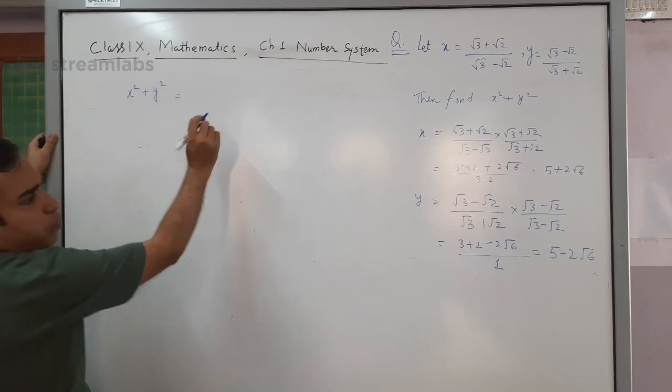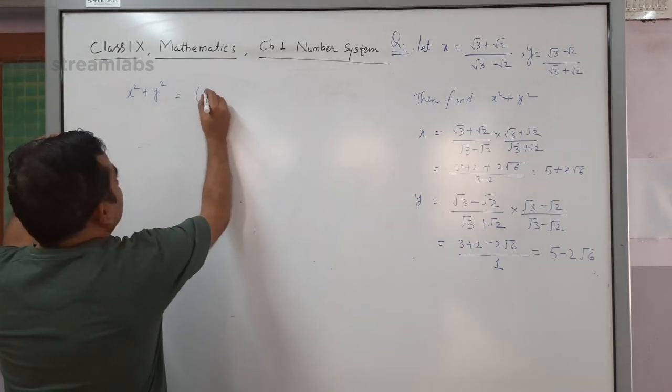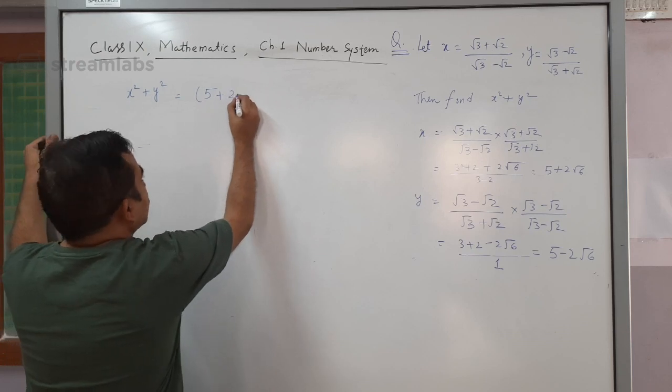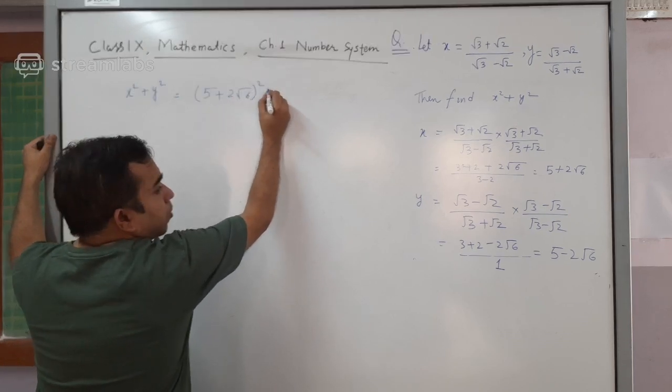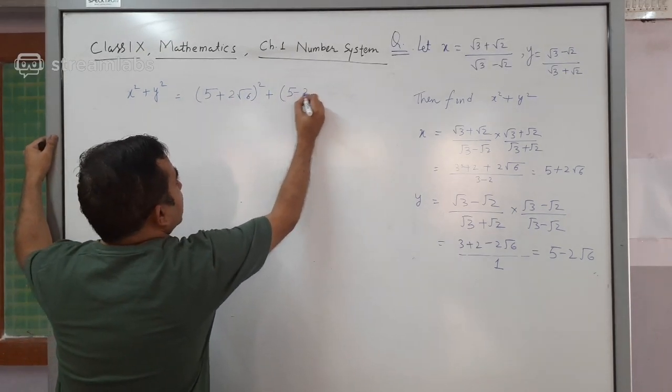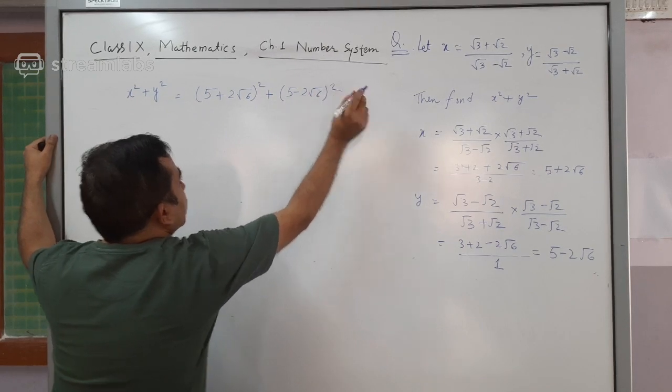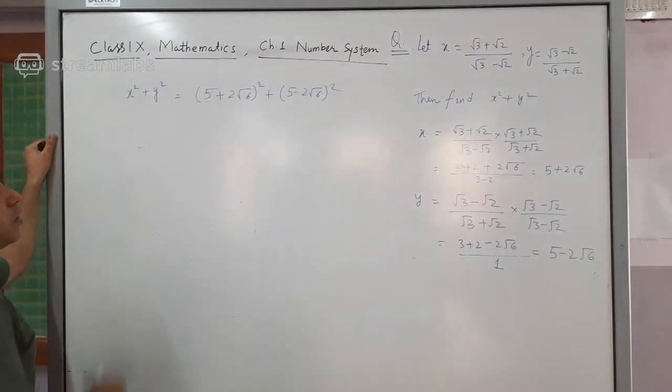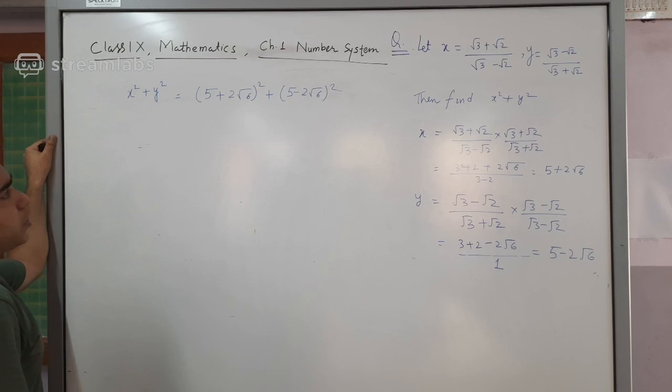Squaring we have to do, no problem, we can expand the whole square. This is 5 plus 2 root 6 whole square plus 5 minus 2 root 6 whole square, right? This can be, I think, twice of 5 square plus 2 root 6 whole square.